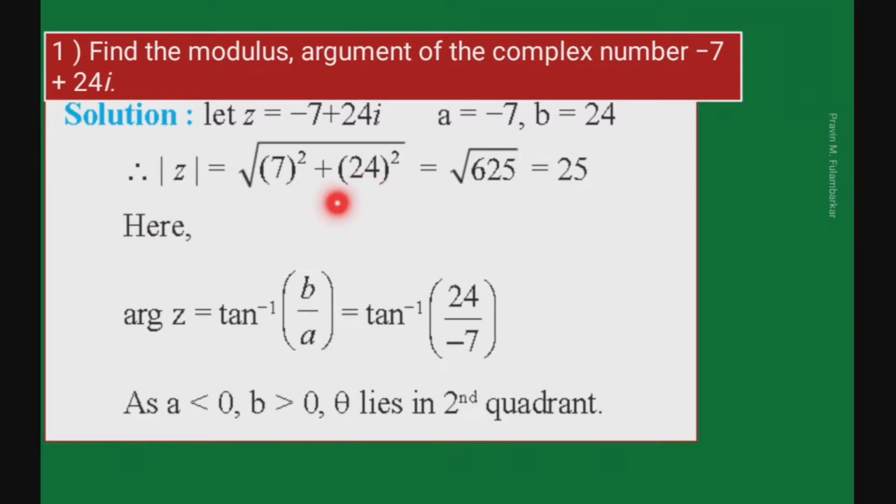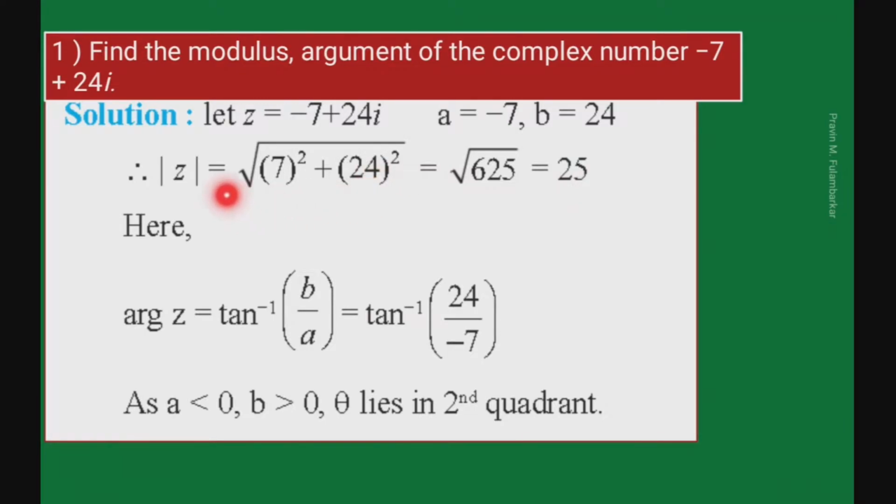So we replace a as -7, or 7, because after squaring we get the plus term. So we write 7² or (-7)², which we get 49, then square of 24. After taking squares and adding we get 625. So square root of 625 is 25.